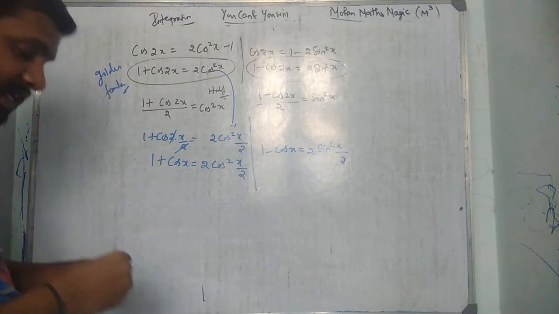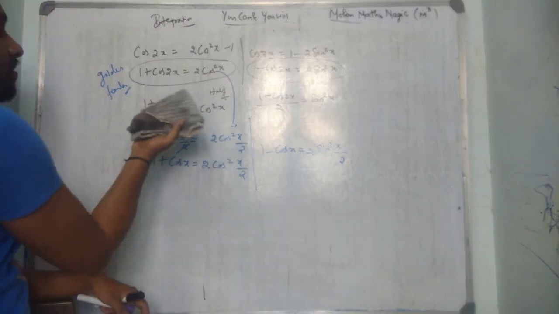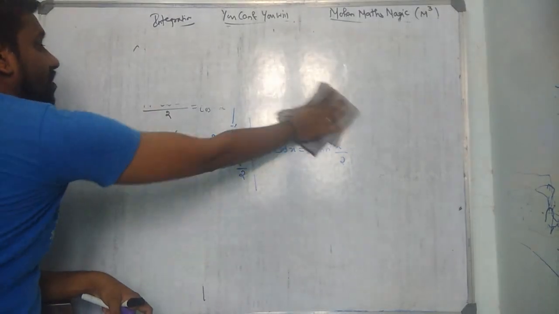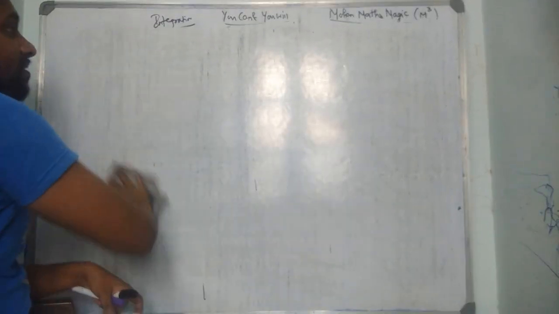And next one is class 11th formula. Approximately I'm giving you 35. I'll count and tell you finally how many formulas there are.